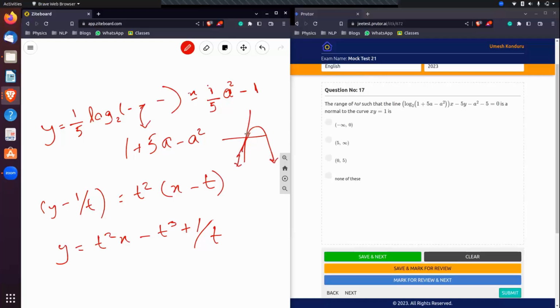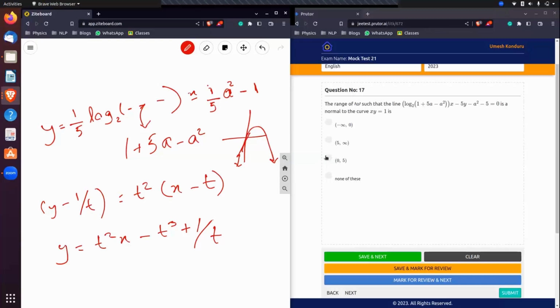Which means you can definitely neglect minus infinity and infinity, because the term inside a logarithm cannot be negative. So if there's an answer, then it's either 0, 5 or none of these.